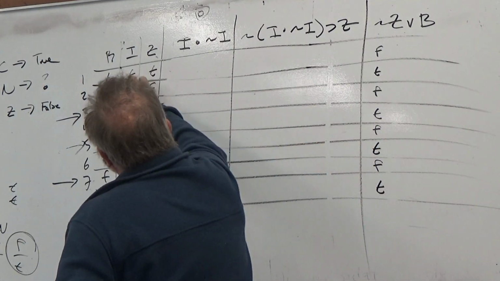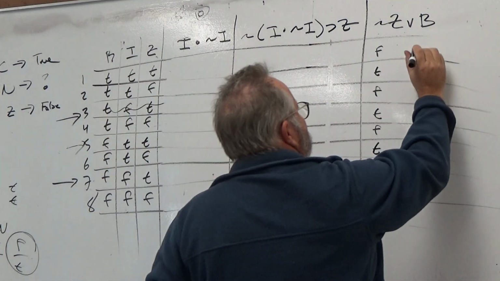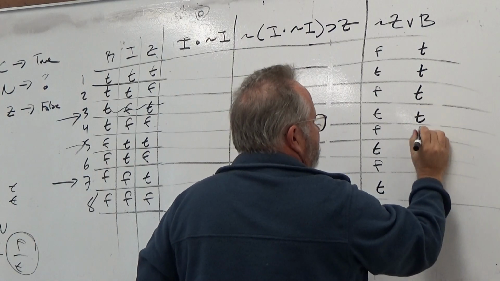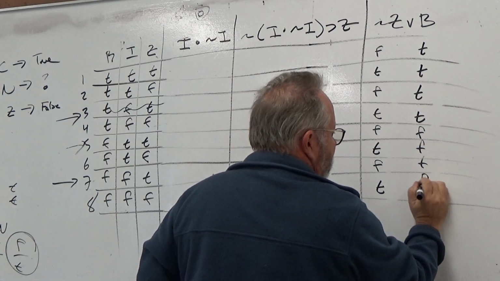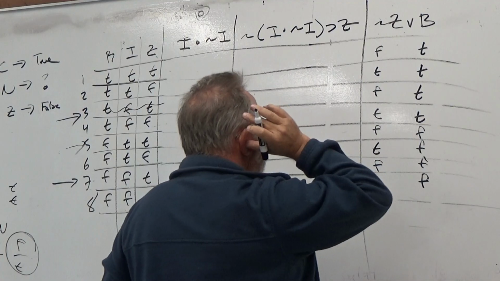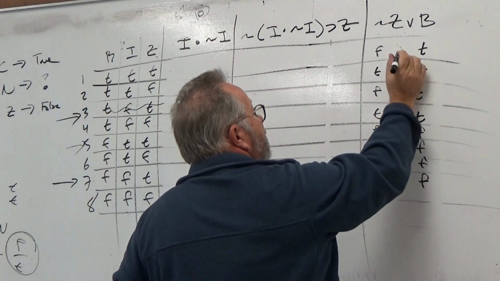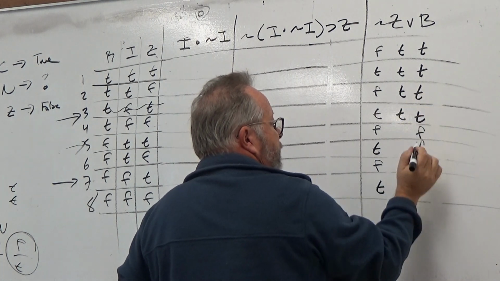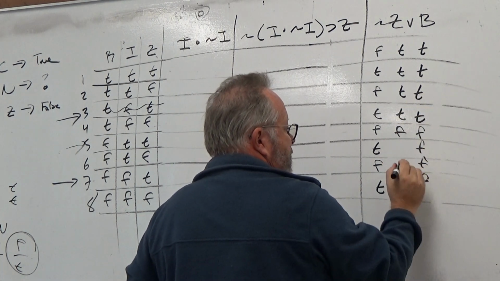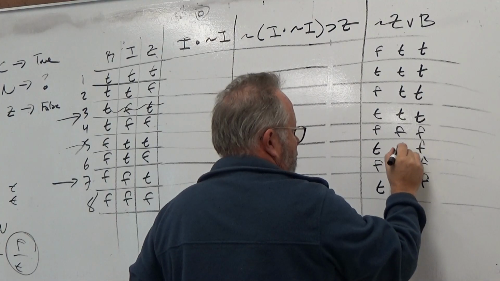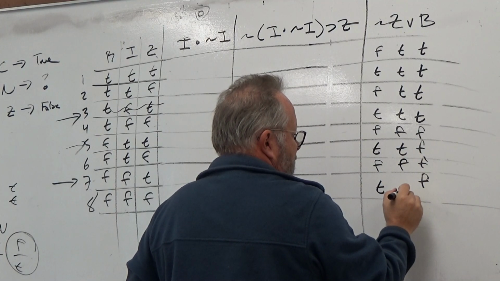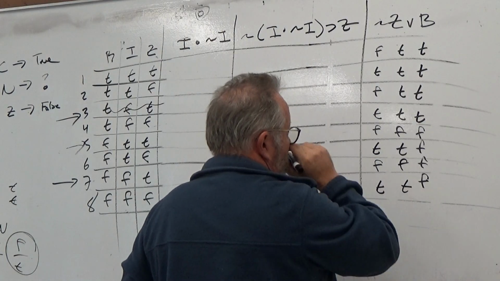And B goes 4 trues, then 4 falses. Now I'm going to do the OR. So I get true, true, true, true, false. What's an OR? True, false, and true.